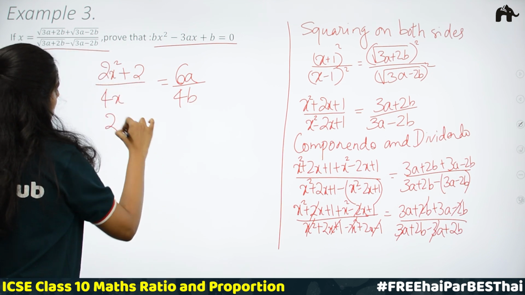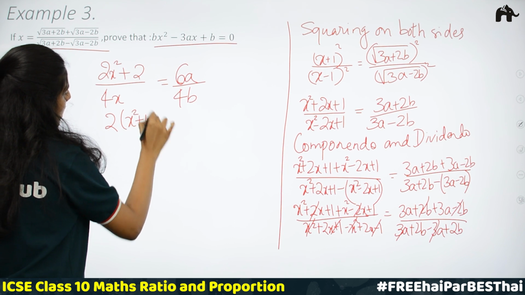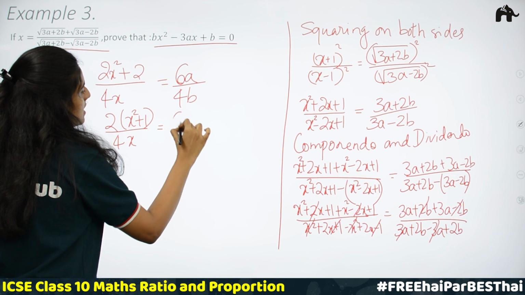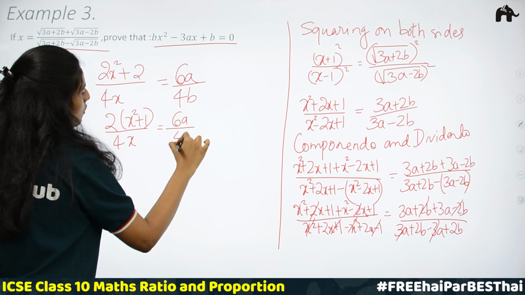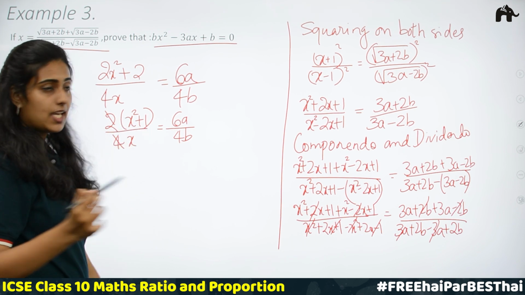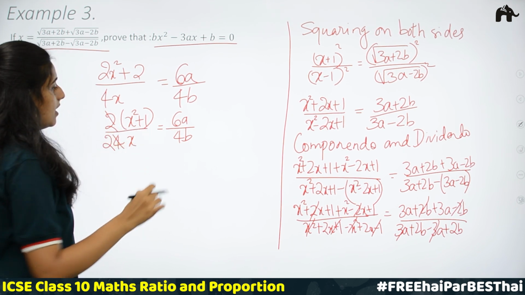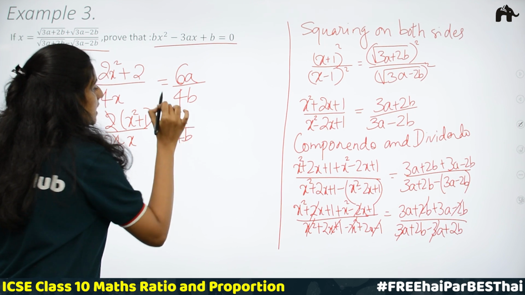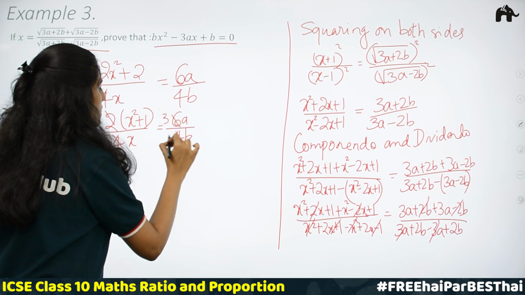2 can be taken out, (x square plus 1) divided by 4x is equal to 6a by 4b. Okay, 2 and 4 can be cancelled, we get 2 here; 6 and 4, 2 into 3 is 6, 2 into 2 is 4.